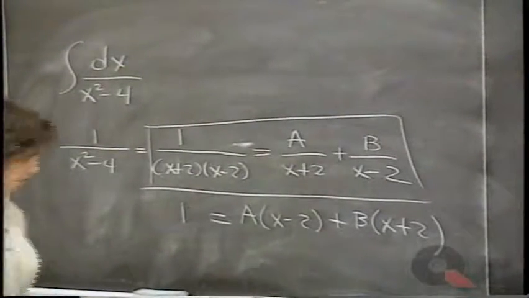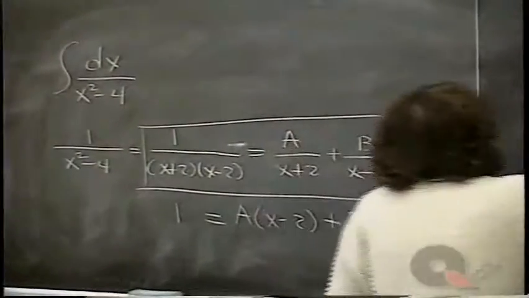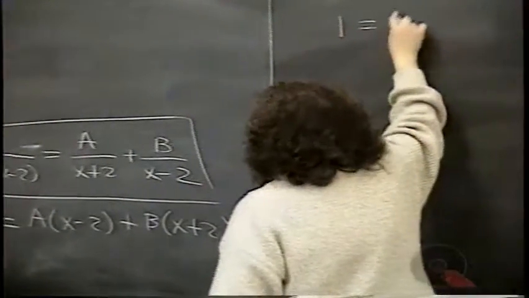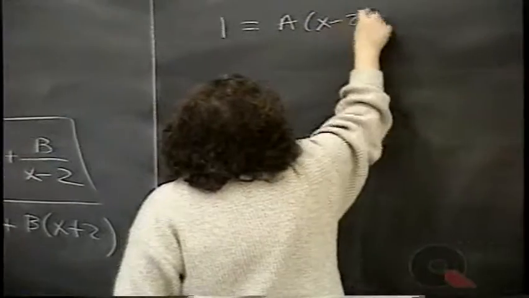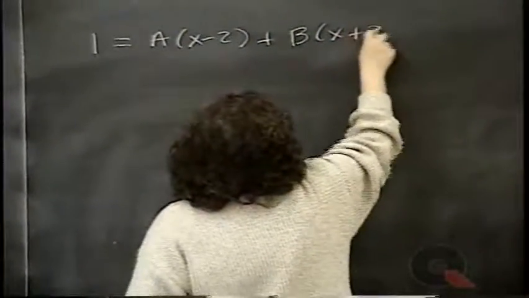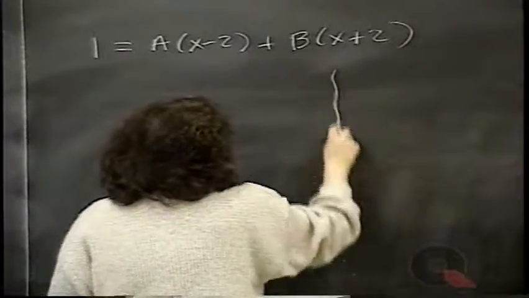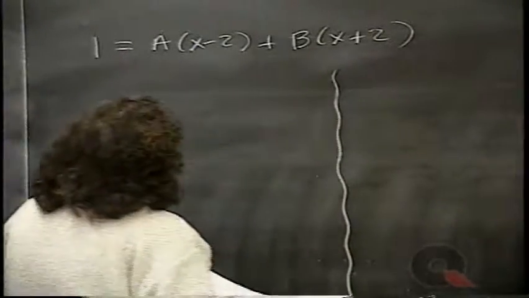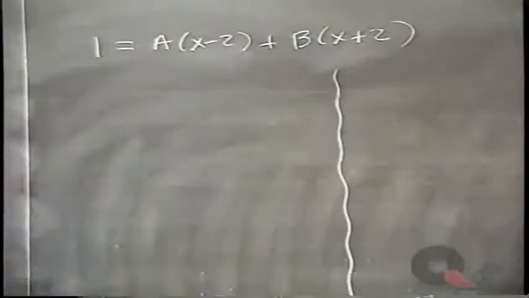And what we have to do is determine the constants A and B. There are two methods to do this. We have 1 equal to A times (x minus 2) plus B times (x plus 2). One method is the method of substitution.